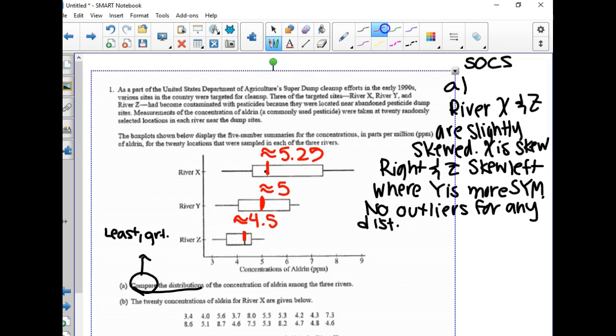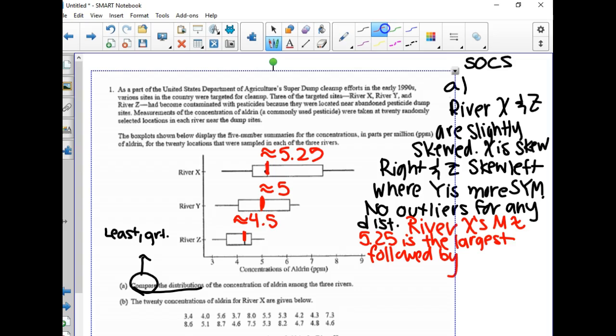Okay, so we have river X's median is approximately, and you can put capital M, 5.25, is the largest, followed by, we're using the median, okay?